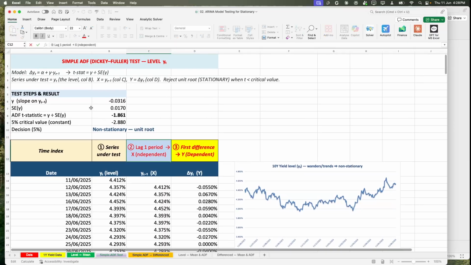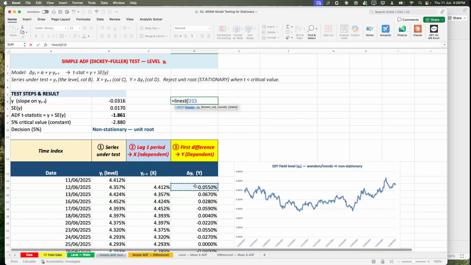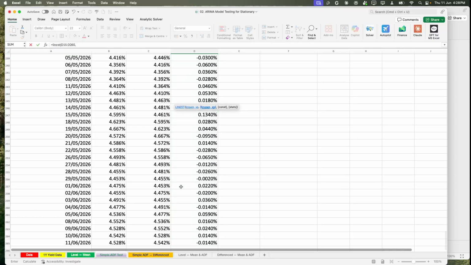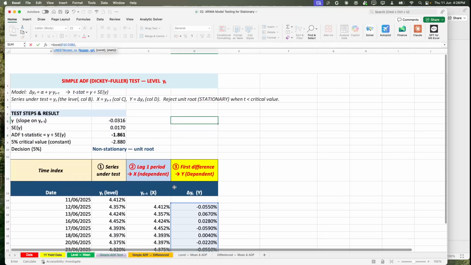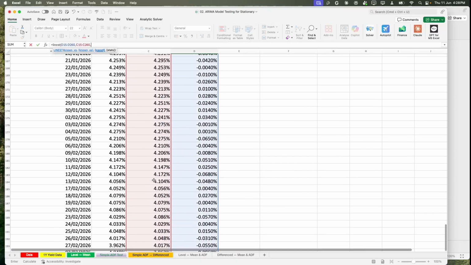Now we calculate the ADF t statistic. In Excel it is very simple to run a regression. We can use the LINEST function with y, then x, comma true, comma true.